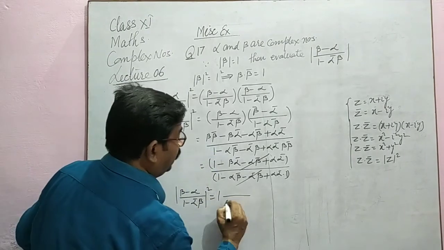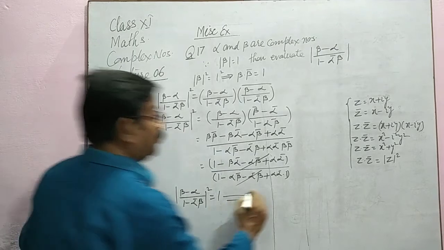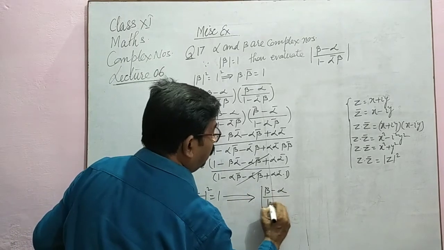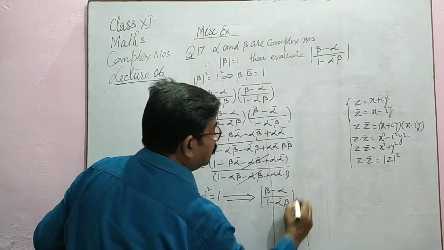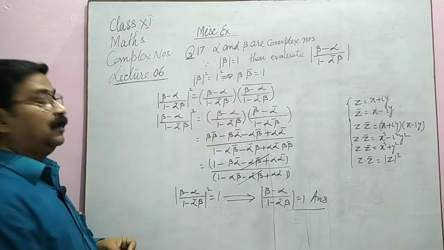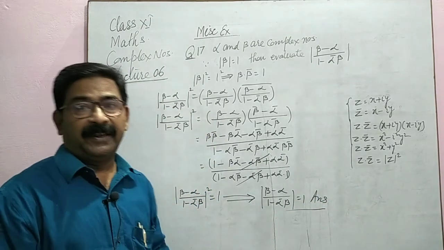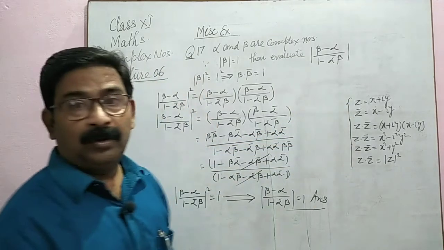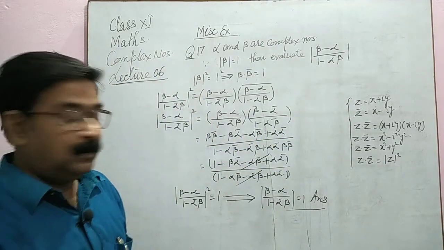Taking its square root, beta minus alpha upon 1 minus alpha bar beta is equal to 1, which is the answer. Simply we have to simplify and follow this rule. Got it?